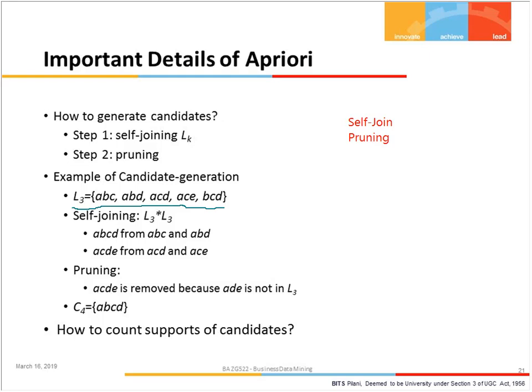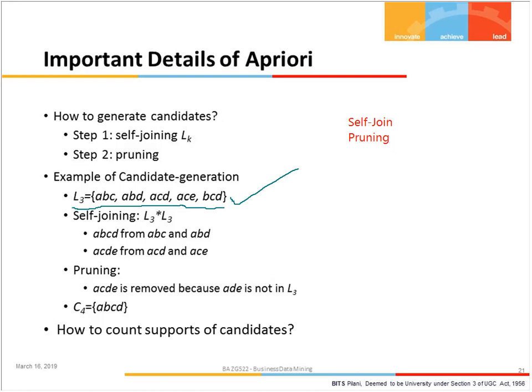From this, we need to generate L4, the candidates for 4 item sets. Now ABC, ABD, ACD, ACE, BCD are all frequent.